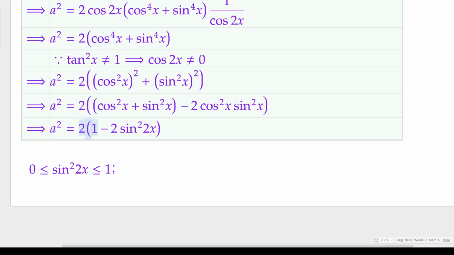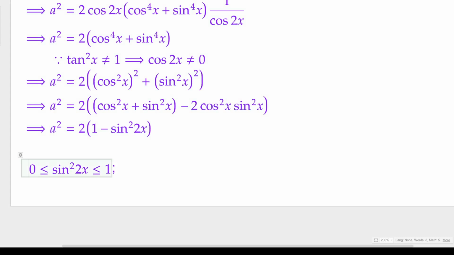This part is already absorbed in the identity, so this will simply be written as 1 minus sine square, that is sine 2x squared. Sorry for the identity. So actually what is happening here, this 2 cos x squared times sine x squared merges into this, right? So that is the correct form.